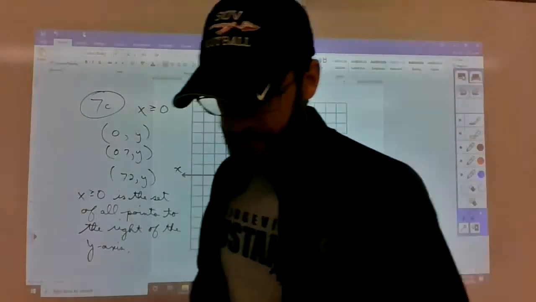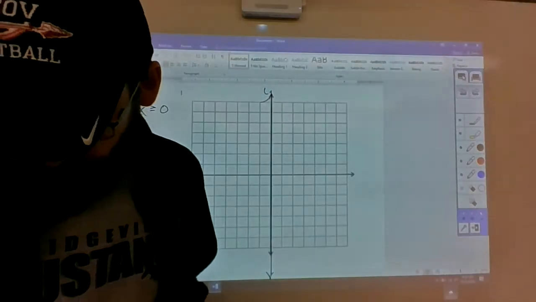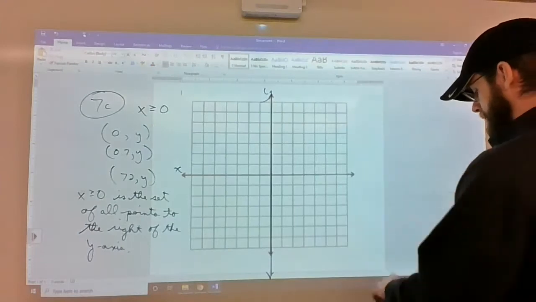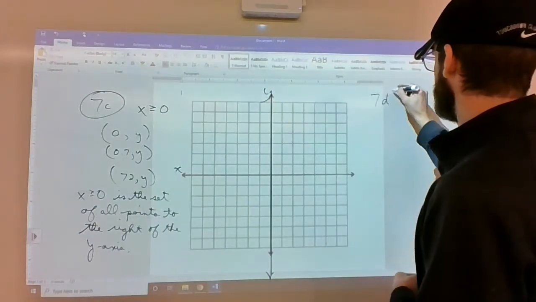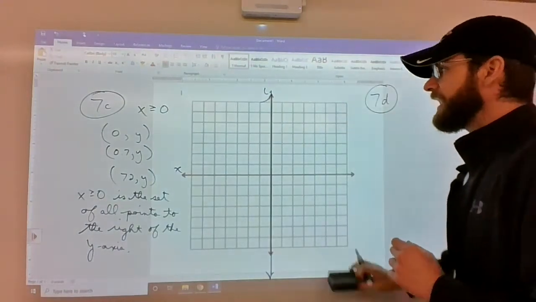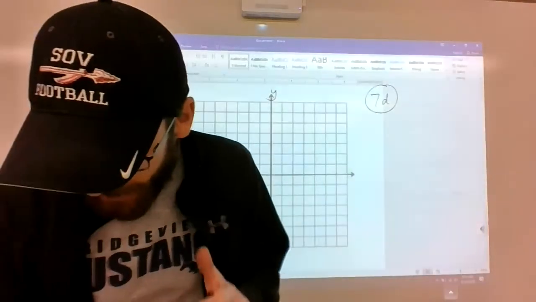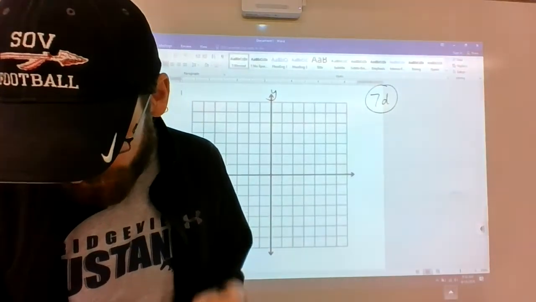So I'm guessing 7D will be something similar, but just, oh no, it's a little bit different. 7D is asking for something very, very different. It's saying, hey, xy is greater than 0.